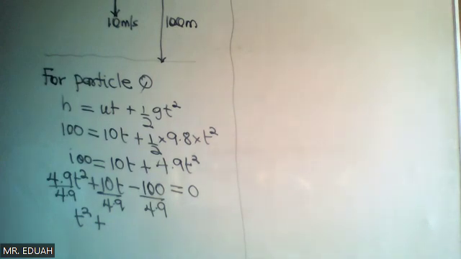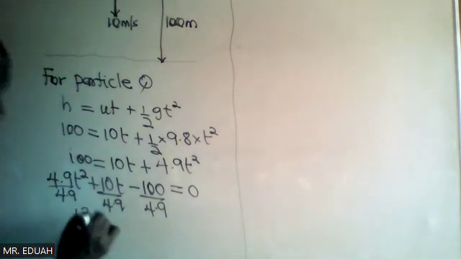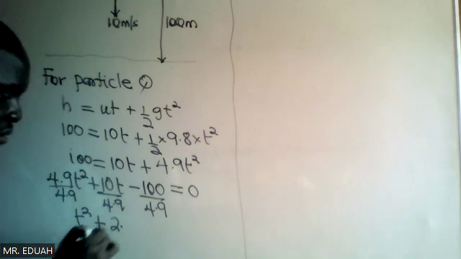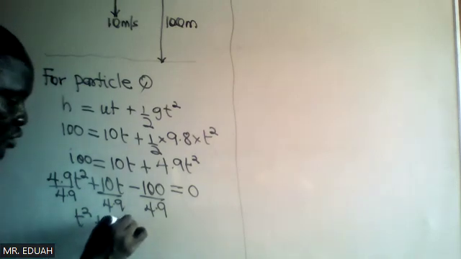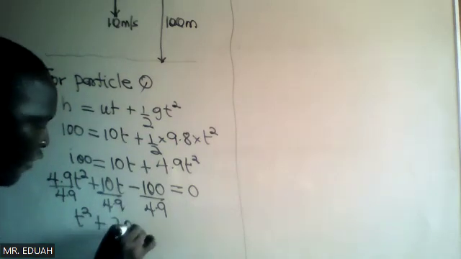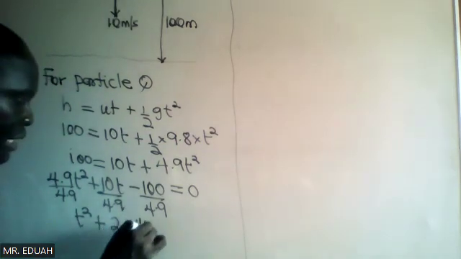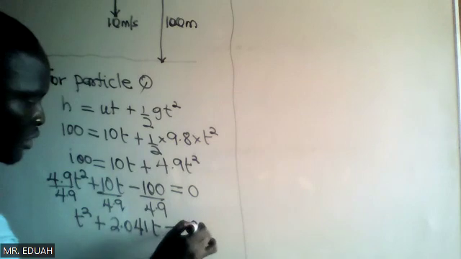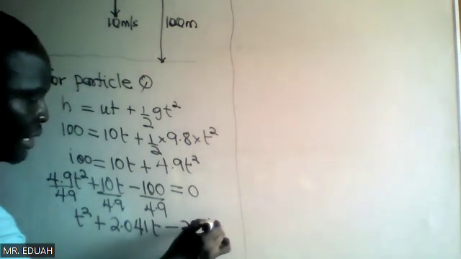That is 2.0408. Okay, so T minus 100 divided by 4.9 is 20.4081.